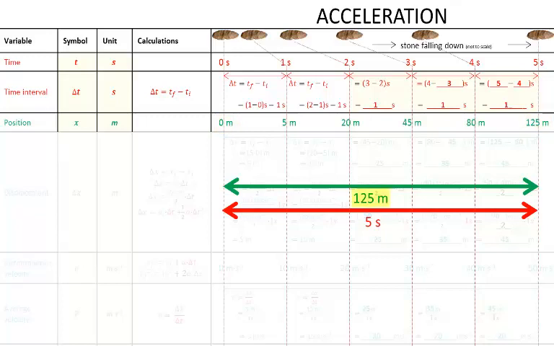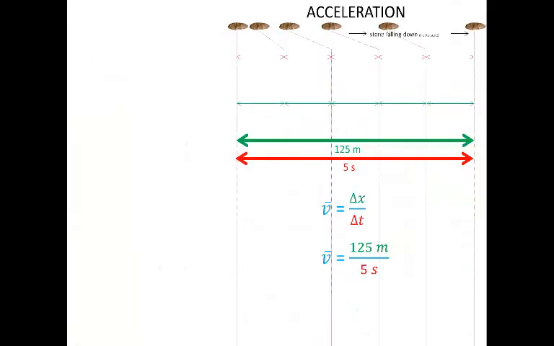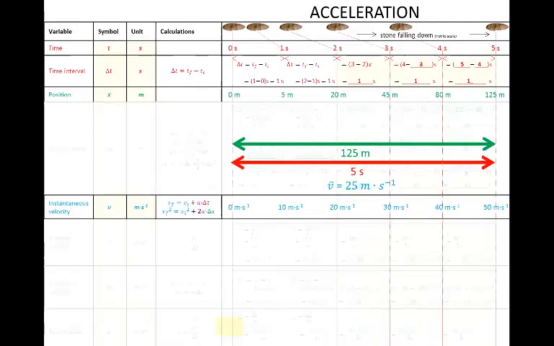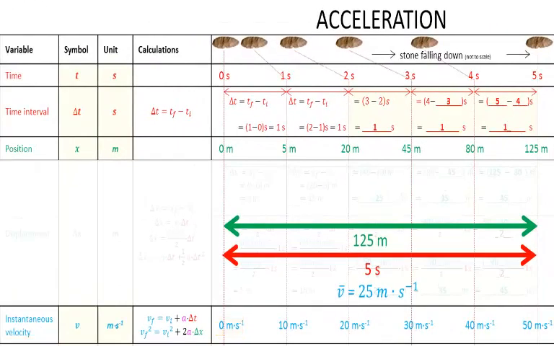The stone falls 125 meters during this interval. The interval's duration is 5 seconds long. 5 seconds minus 0 seconds equals 5 seconds duration. So the average velocity for the entire 5-second interval is 125 meters traveled in 5 seconds, which is 25 meters per second. That's the average velocity. 0 is the initial velocity, 50 meters per second is the final velocity, and halfway between 0 and 50 is 25 meters per second.